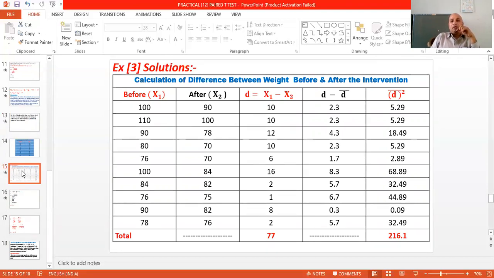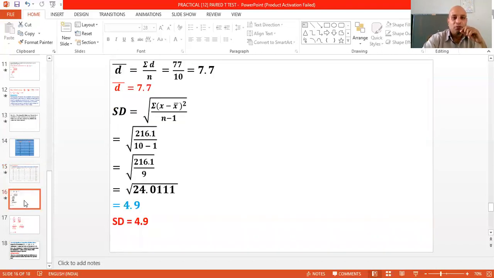Then x1, x2, then d is equal to x1 minus x2, then d minus d bar, then d minus d bar squared. The sum of d is equal to 77 and the sum of squares is 216.1. Using the formula, d bar is equal to summation d upon n, which is 77 upon 10, equal to 7.7.